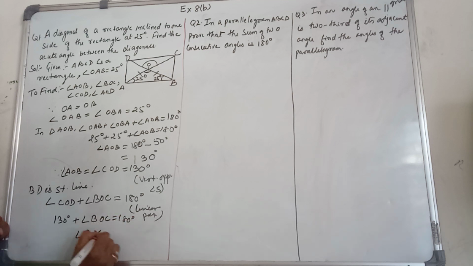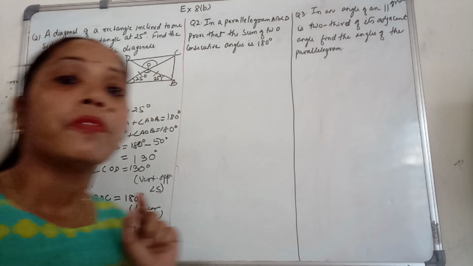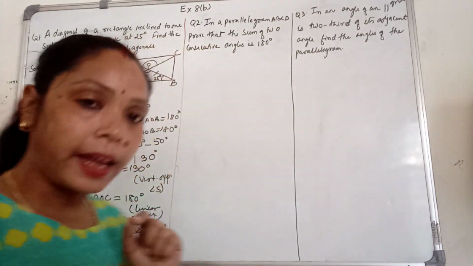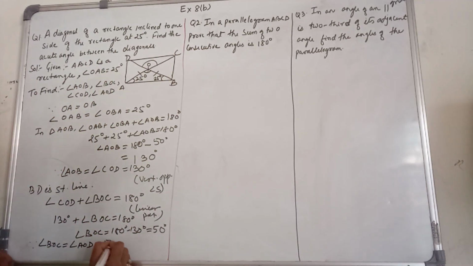So angle BOC is equal to 180 degree minus 130 degree, which is equal to 50 degree. Since angle BOC is equal to angle AOD, which angle? Vertically opposite angles. So this is again 50 degree.